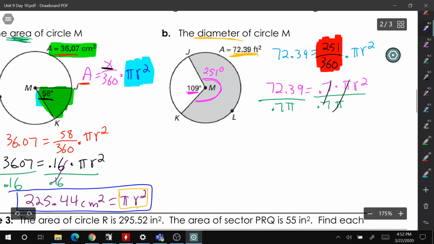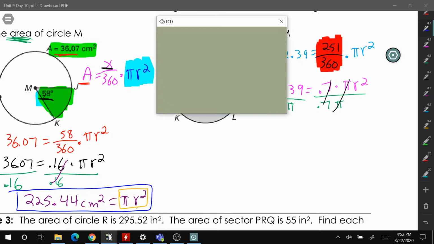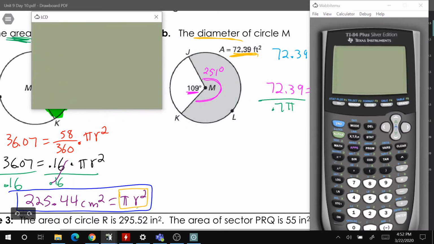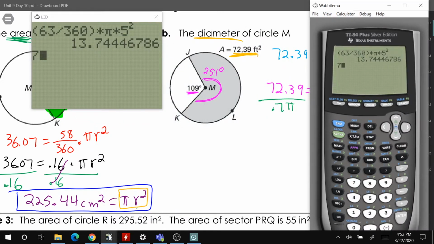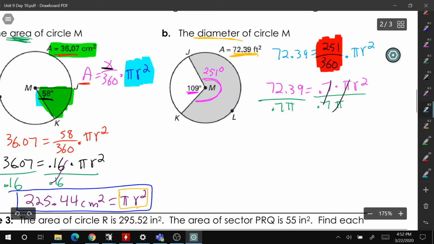So then, remember in the calculator, I'm going to show you, you want to do 72.39 divided by parentheses 0.7 pi. Okay, so then we get 32.92. 32.92 is equal to r squared.